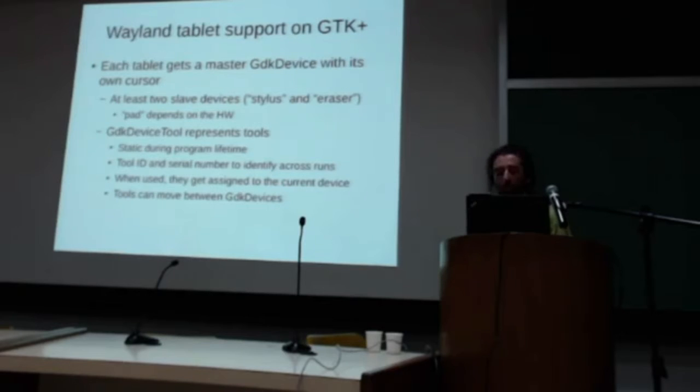And another important feature is that tools can move between GTK devices because, well, there's professional setups and whatnot where people have multiple compatible tablets, and they can use the same stylus on either of those. So the stylus would get the same serial number, it would get the same pointer during the application lifetime, as I was telling, and it just gets related to one device or the other when it's being used.